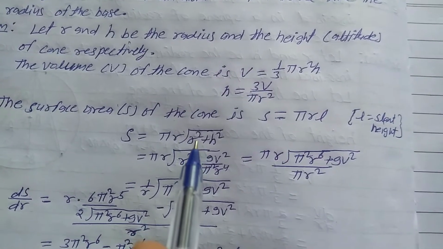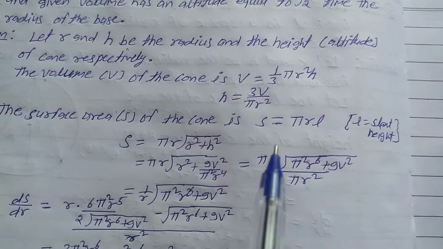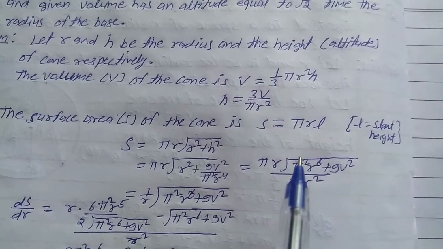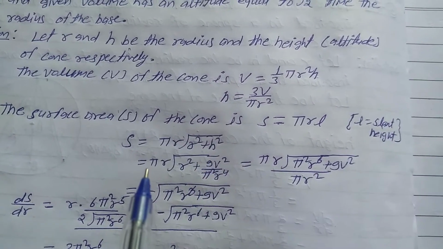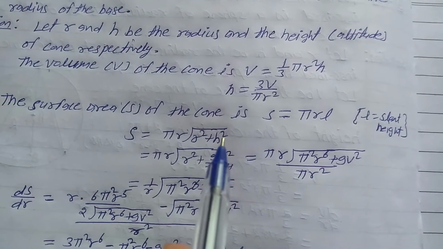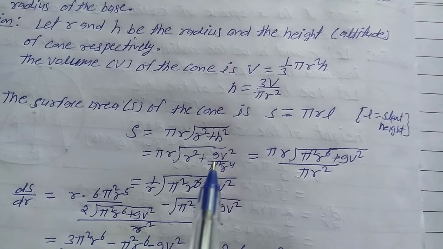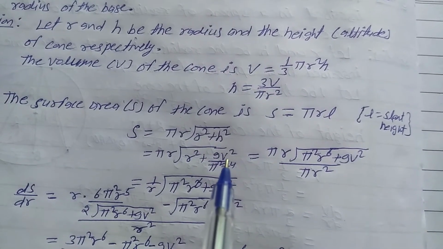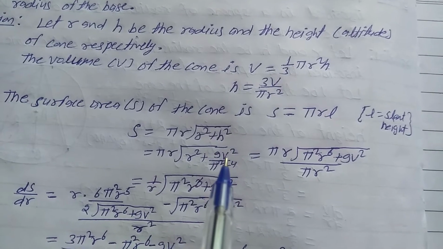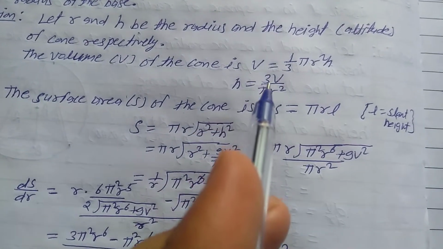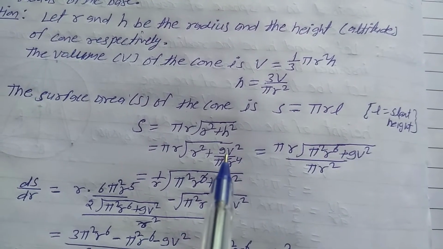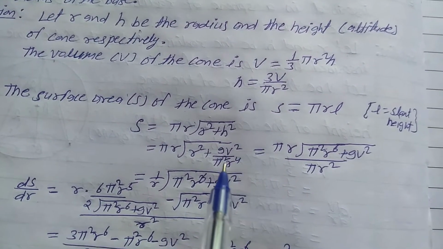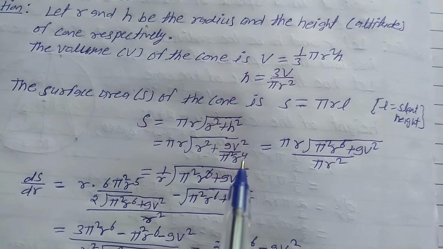So h is equal to the slant length l, which is root of r square plus h square. So S equals pi r root of r square plus h square, where the value of h is put in. h is equal to 3V upon pi r square, whole square, so we apply it here: 9V square upon pi square r power of 4.